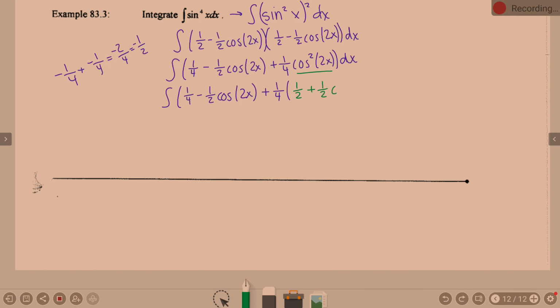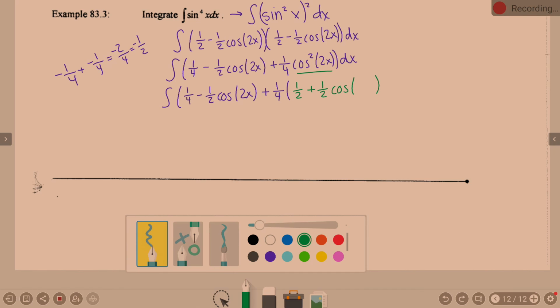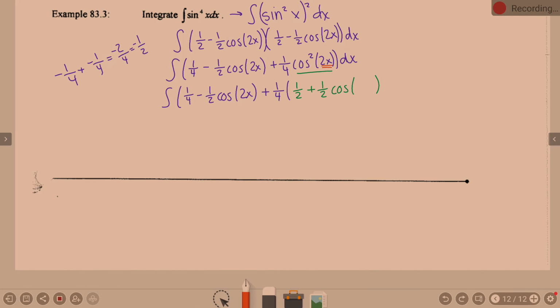1/2 plus cosine of 2x, 2 times the previous amount. What's my previous amount? 2x. So that means I'm doing 2 times 2x, which is 4x.